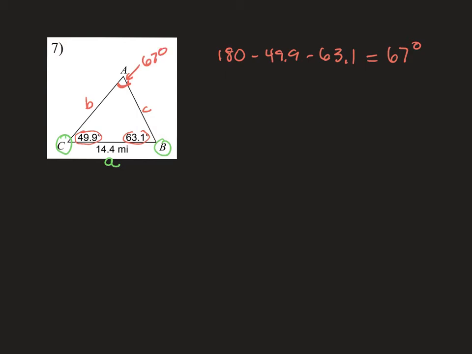Okay, now to find the other missing pieces of information, we're going to have to set up our proportions using our law of sines. So you just work with two at a time. For the first one, I'm going to work with A and B. So I'm essentially going to do this equation: sine A over a equals sine B over b.